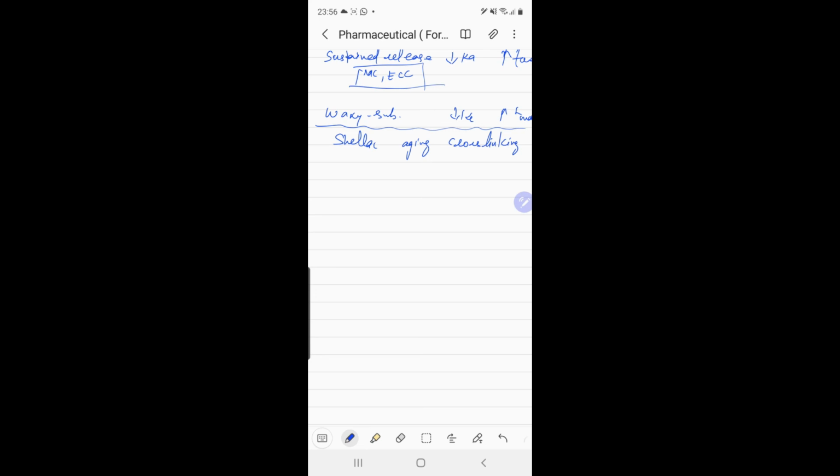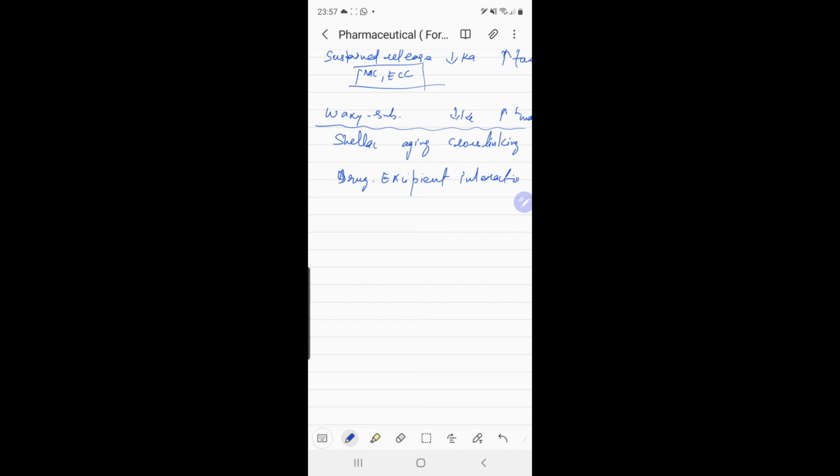Excipients in the formulation may also interact chemically. I have told you that drug excipient interaction may be there.